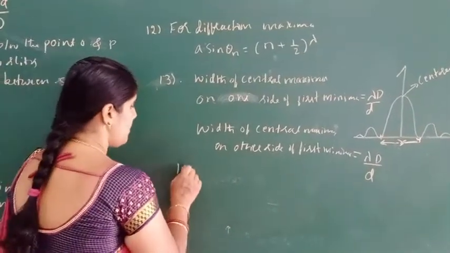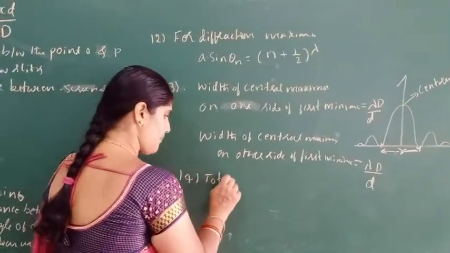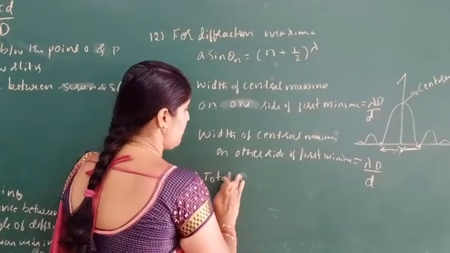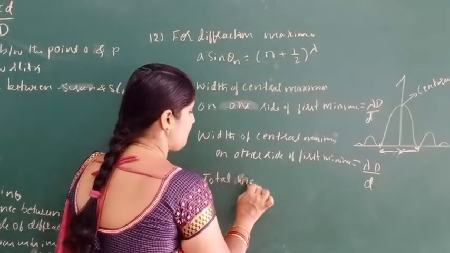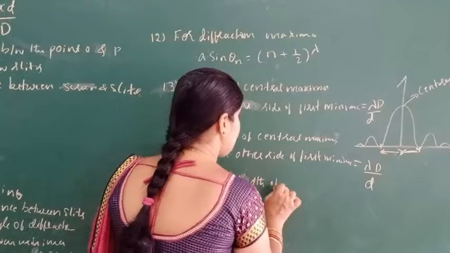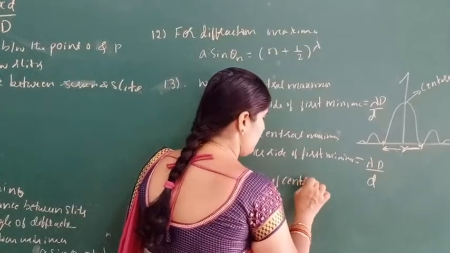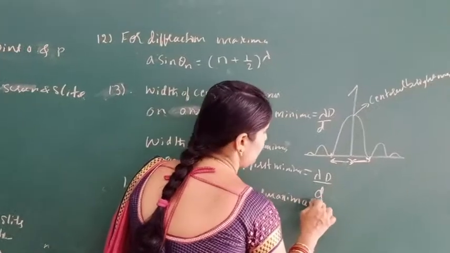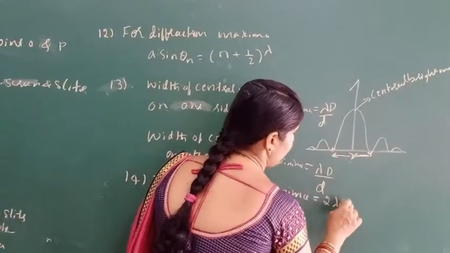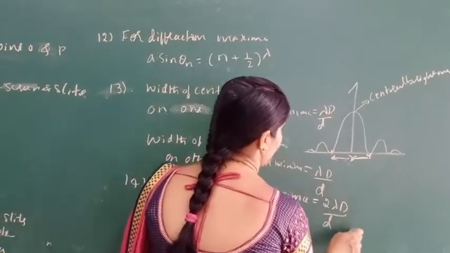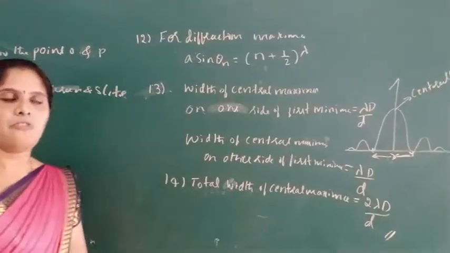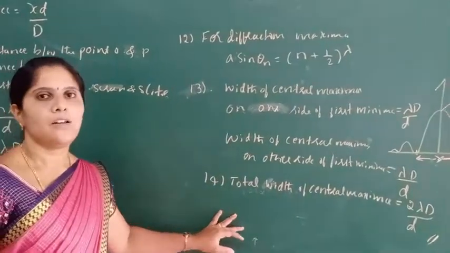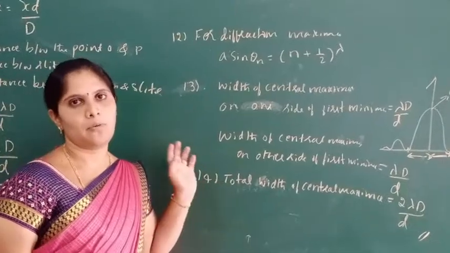So total width of central maxima is equal to 2 lambda D by d. Okay, so these are some formulas which are very important to solve the problems or numericals. Okay.